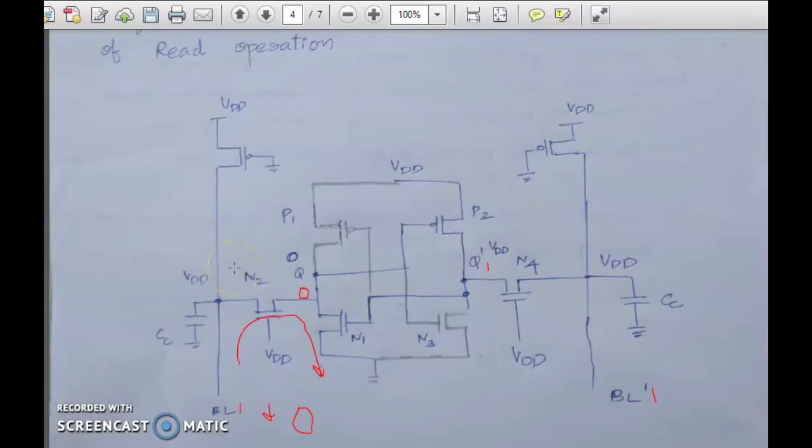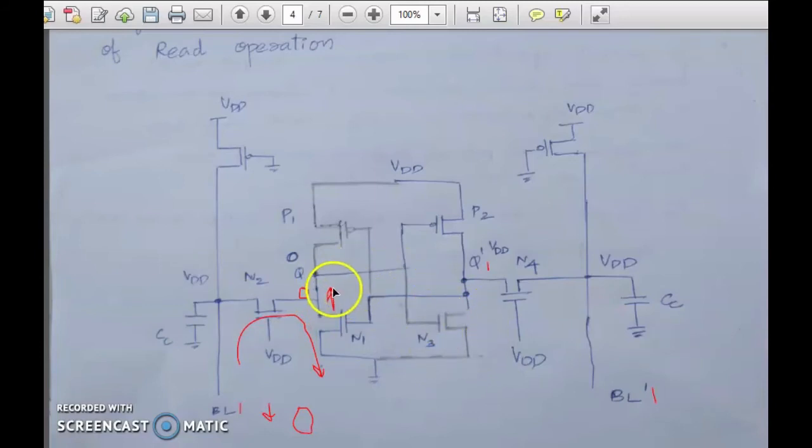Note that when the bit line is 1 and the transistor was conducting, there was a slight bump in the voltage level at this node. So what happens if there is an increase in the voltage level? This voltage is connected to this off transistor.